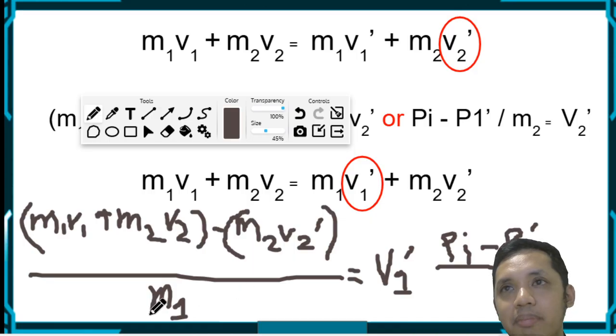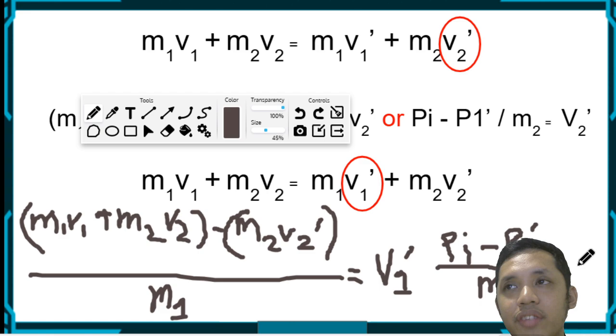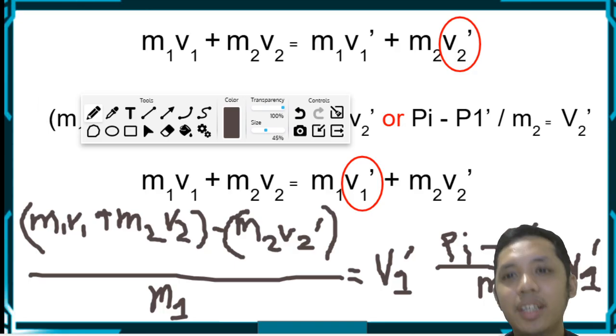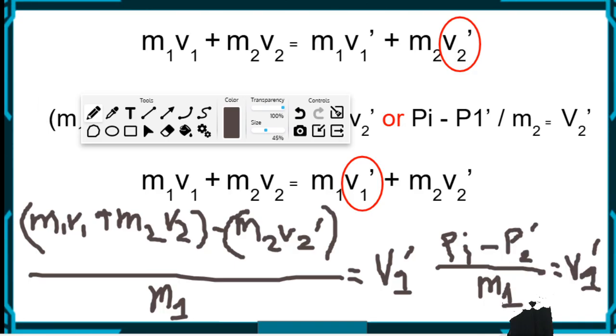Then divided by the mass of the first car equals this variable, the velocity of the first car after the collision. Okay? So, sorry, that is the equation.